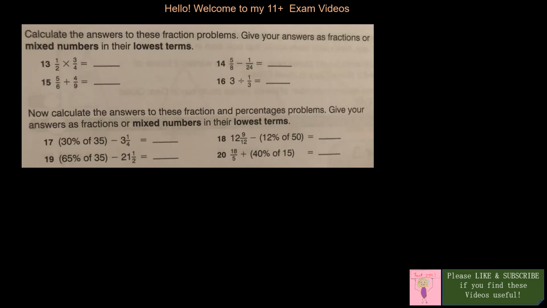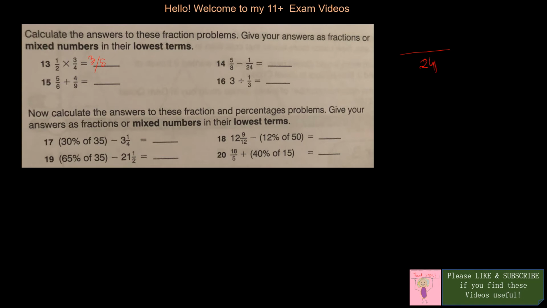The next one is calculate the answers to these fraction problems. Give your answers as fractions or mixed numbers in their lowest terms. So question 13 is 3 out of 8. 14 is the lowest common multiple is 24.